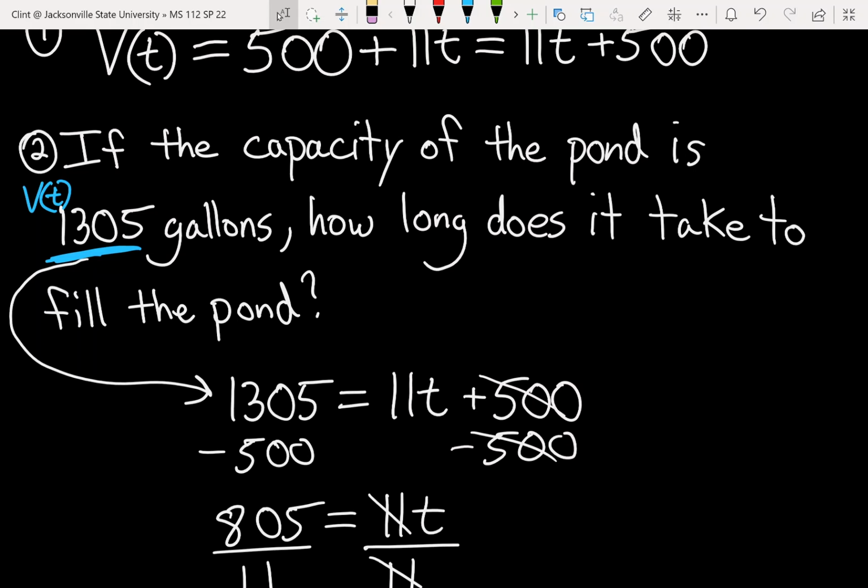And then we can solve for T, how long it takes to get there. And another general thing, we know T is time, so 1305 can't go in for T because it's gallons. So that'll help too.